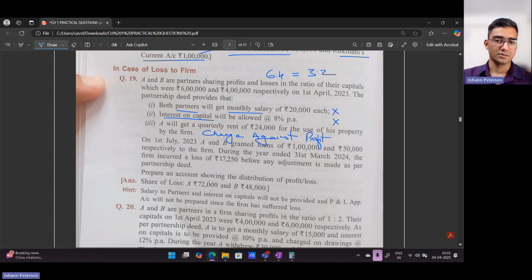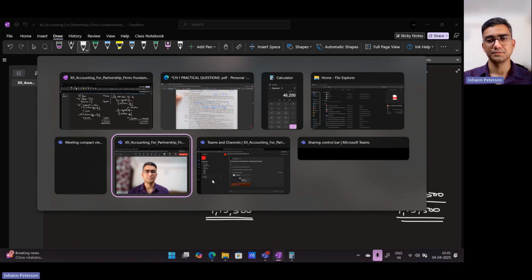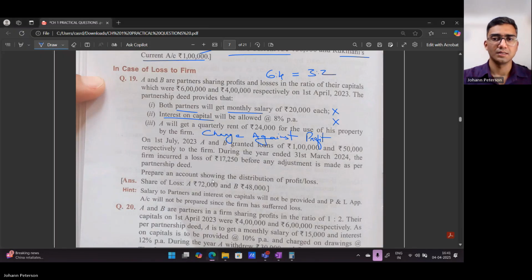Oh, it's different. Let us see what went wrong. It says 72,000 and 48,000 should be the profit. So 6:4, 2 3s are 6, 2 2s are 4, 3:2.